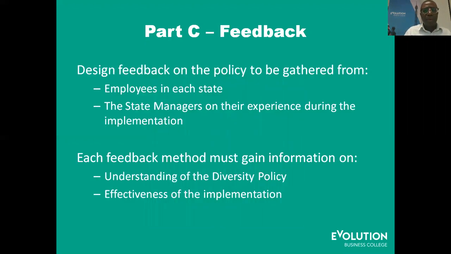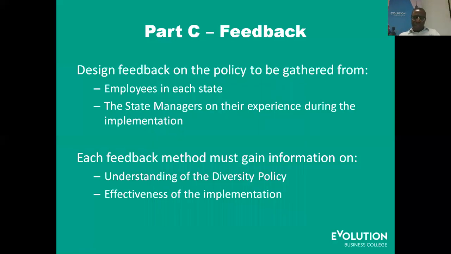So the process of feedback is you design feedback on the policy to be gathered from employees in each state, and the state manager on their experience during the implementation. So what does this mean? The state managers have to give us feedback about their experience during the implementation.